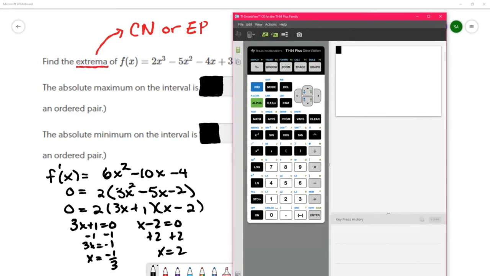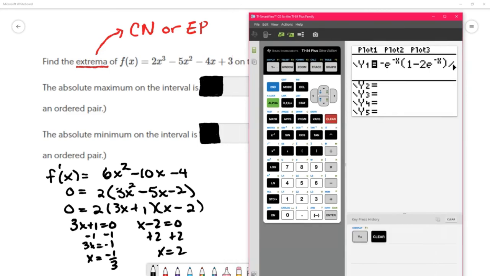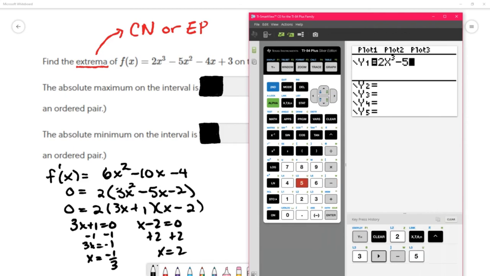And I'm going to type my function into the y equals menu. That is 2x cubed minus 5x squared minus 4x plus 3.